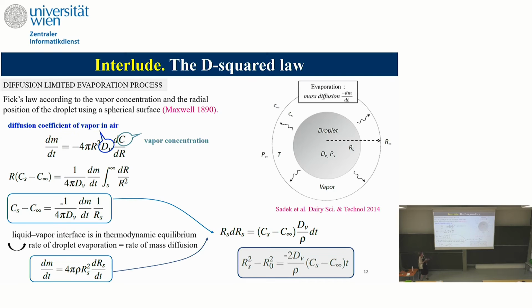And this is the d squared law. Of course, you have a lot of different details that might change this law when you have a gradient, when you have a force, or when you have something complicated, but in some cases you can find this law. Okay, this is our control experiment, just a drop of water.